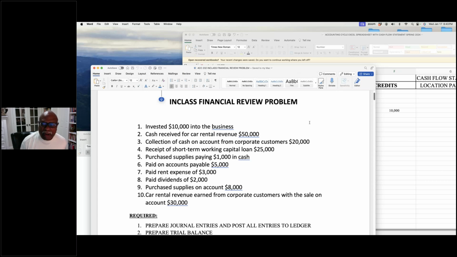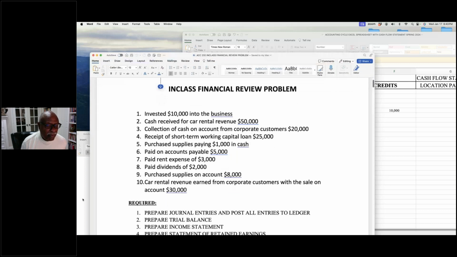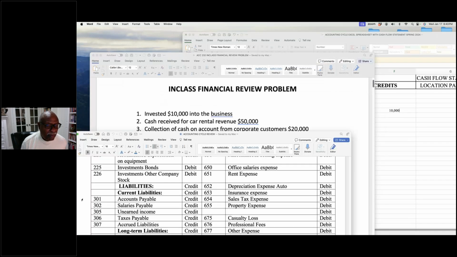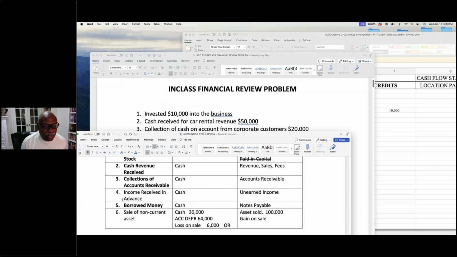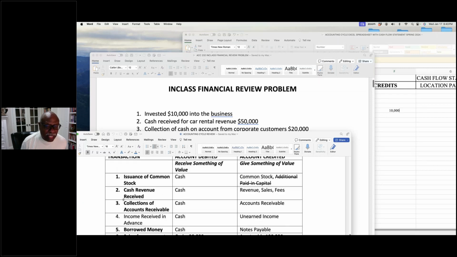Cash received for car rental revenue, 50,000. What's my journal entry type here? Cash received for revenue, sales. So that's the type 2. I debit cash, and I could credit any of these, I just credit sales.